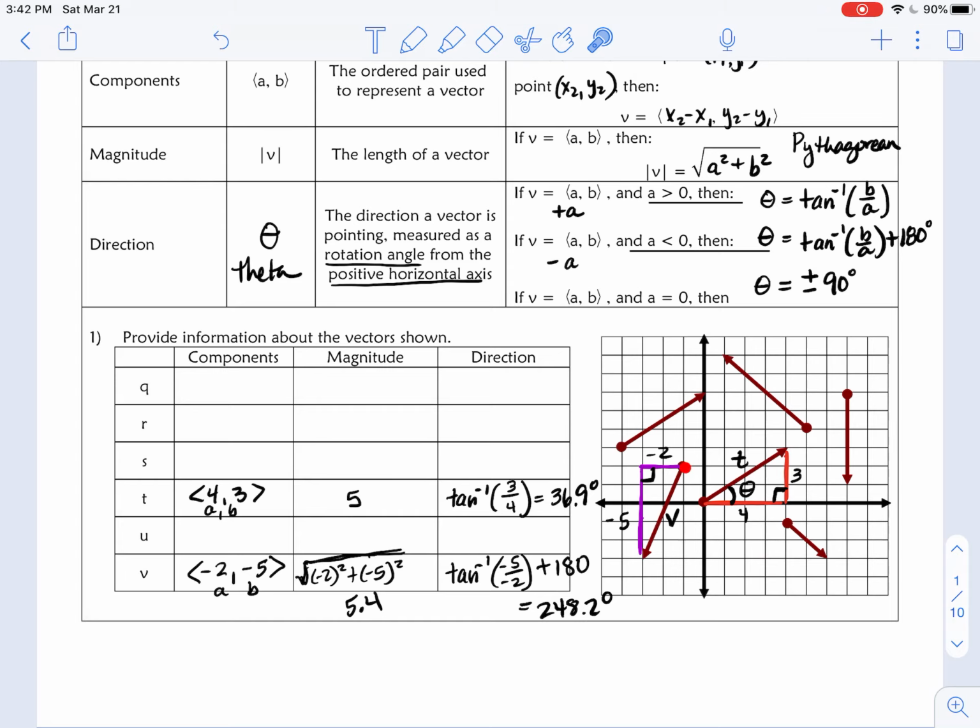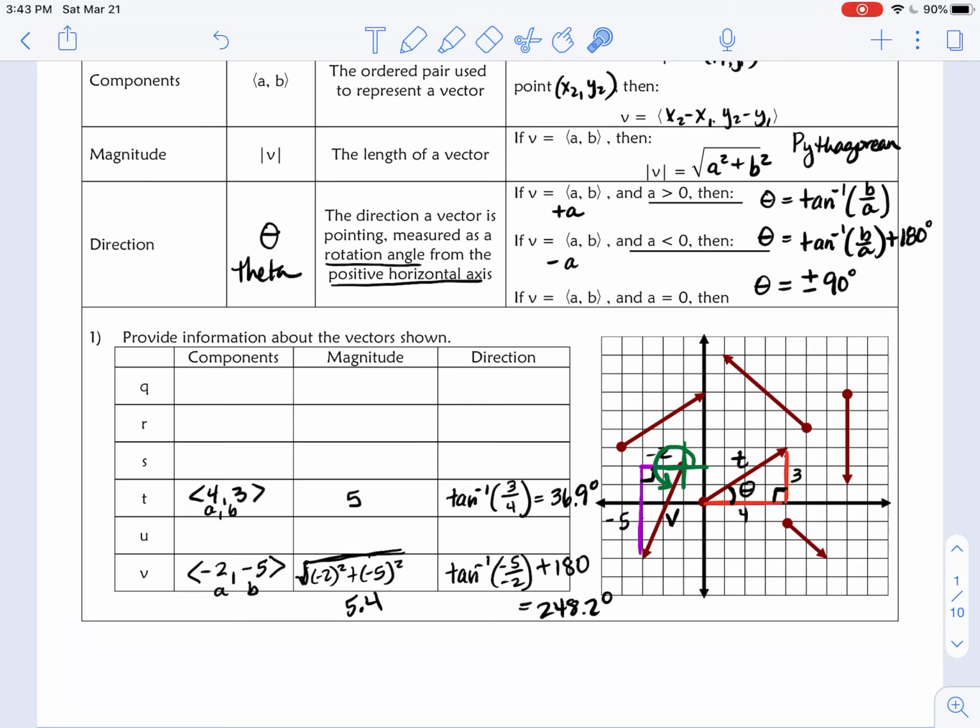If the tail was at the origin, let me grab a color here, and I rotate it around all the way to this vector, we can see that it's going to be somewhere between 180 and 270 degrees. And it makes sense for it to be about 248 degrees.